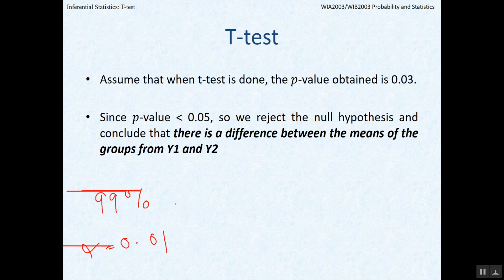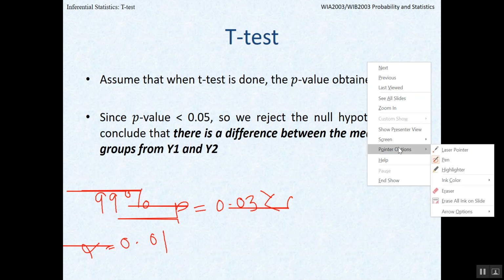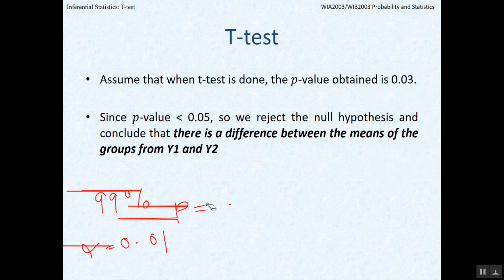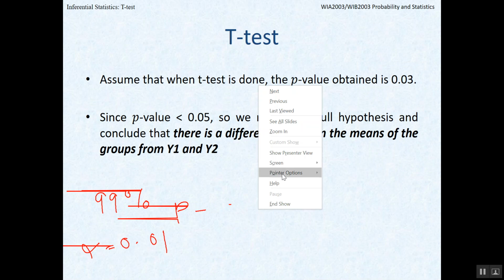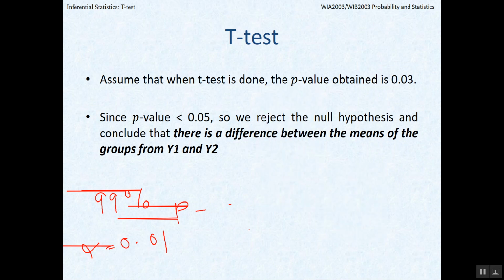So now, 0.03 is bigger than 0.01. So when 0.03 is bigger than 0.01, I cannot reject the null hypothesis.